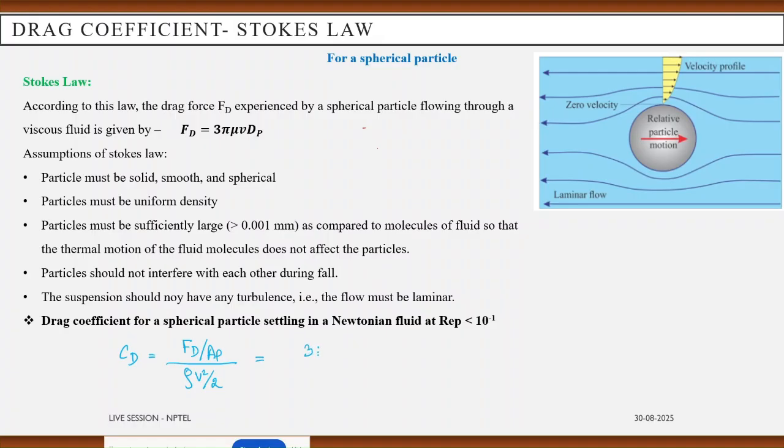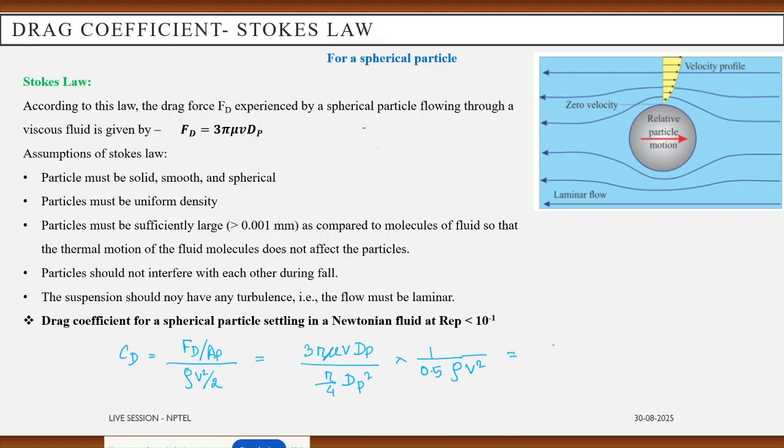So you just put all of the things in: pi by 4 dp square for the spherical particle, and 0.5 into rho into v square.